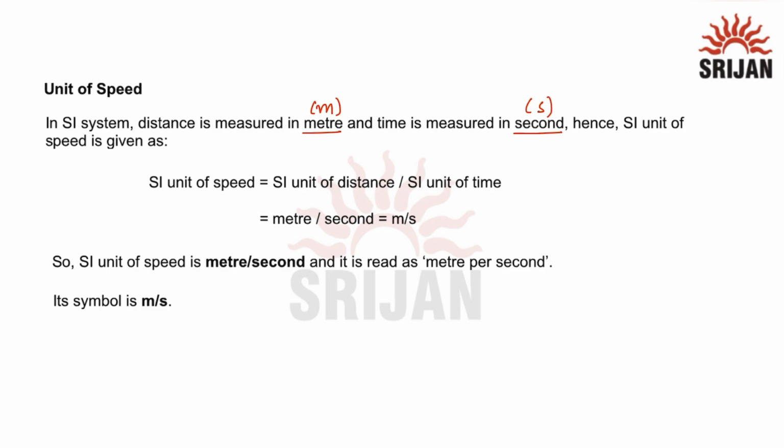Hence, the SI unit of speed is equal to the SI unit of distance upon the SI unit of time, which is meter per second. It is read as meter per second, and its symbol is m per s.